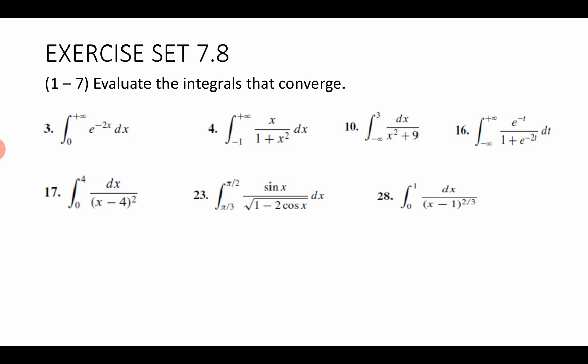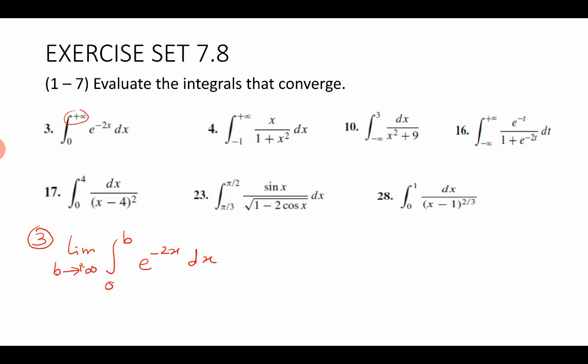The upper limit has been given as infinity. So we are to replace the upper limit by a number b. We will write the integral from 0 to b of e raised to negative 2x dx, and we know the limit b should approach positive infinity.